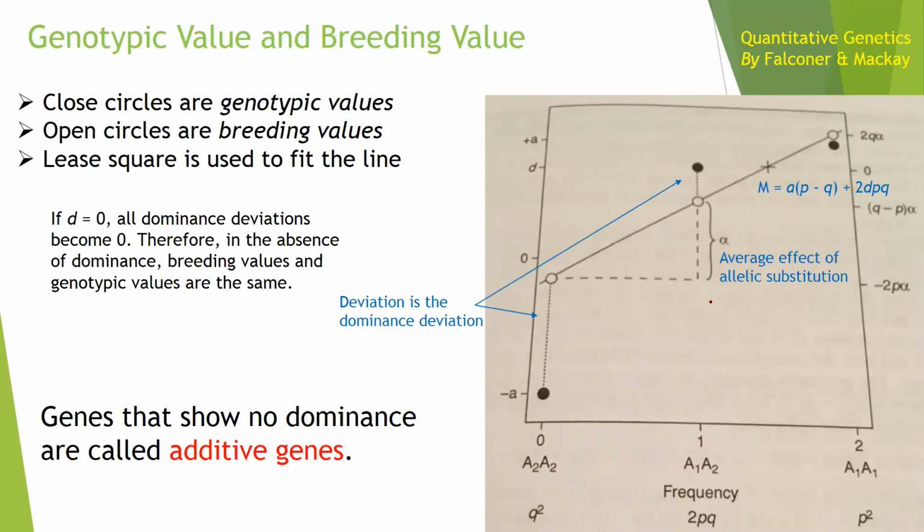But if you look at the two homozygous individuals, we do not assume there's a dominance effect. That might be the limitation of the linear regression model, because we can only predict based on the additive effects, since the dominance is something troublesome. So that's why we put it in the residual or the dominance deviation.